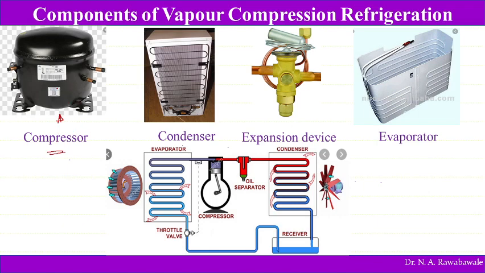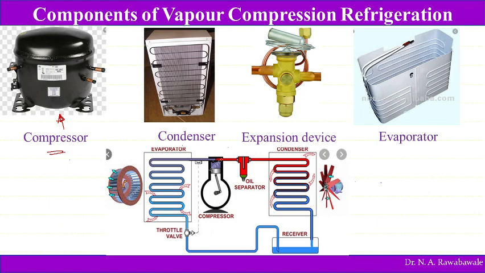In this compressor, a motor and pump are closed within this device, and that is sealed to avoid leakage of the refrigerant. So this is called a hermetically sealed compressor. This is one of the devices which acts as the heart of a refrigerator. It helps to pump the refrigerant in the loop.